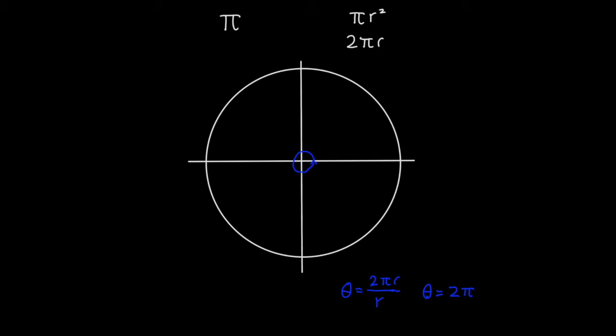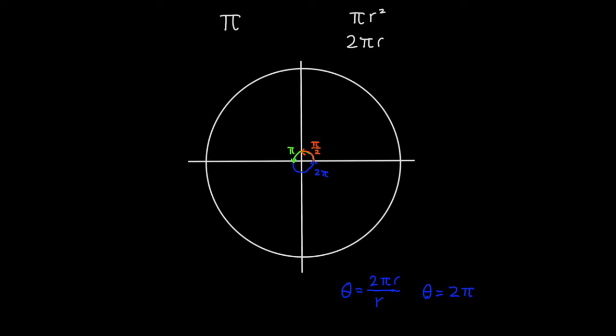What do you think is an angle of 180 degrees? Well, it is half 2 pi radians, so pi radians, and this, as we said, is 2 pi. And what do you think is an angle of 90 degrees? It would be half pi radians, so pi over 2.